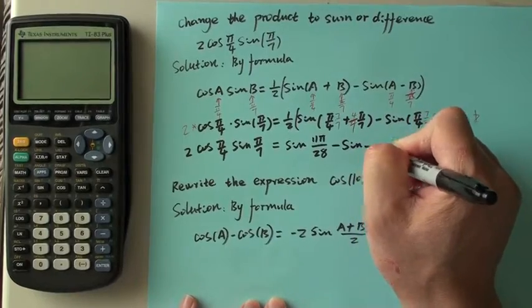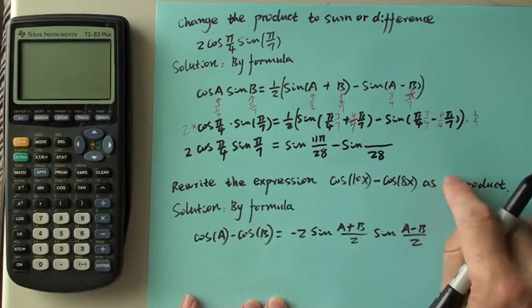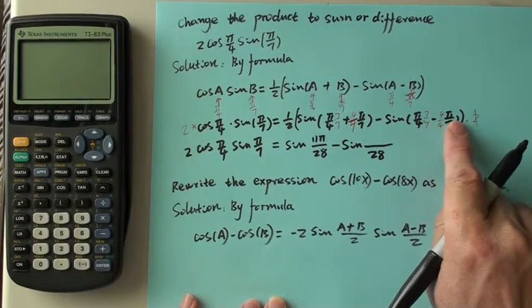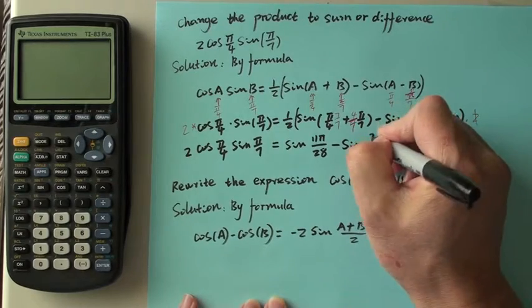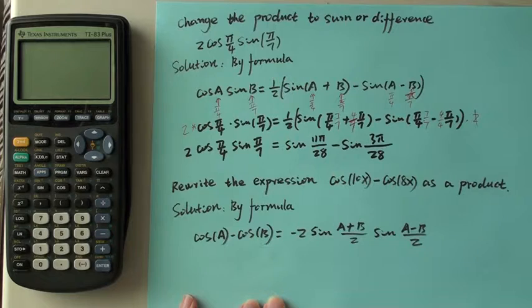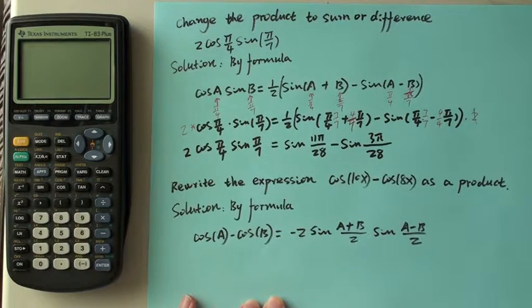The denominator is again 28, 4 times 7, and 7 pi minus 4 pi is 3 pi, so you write 3 pi over 28. That would be the final answer for this one.